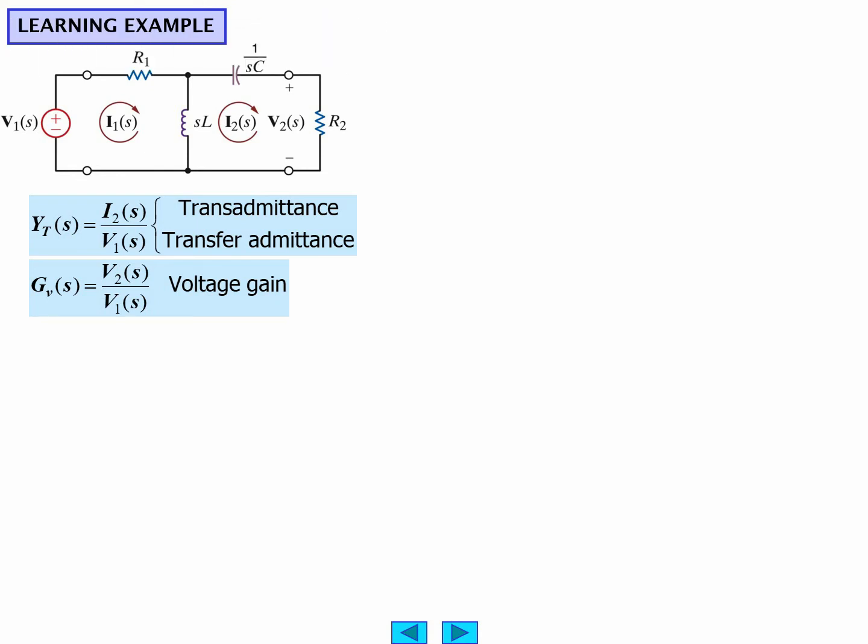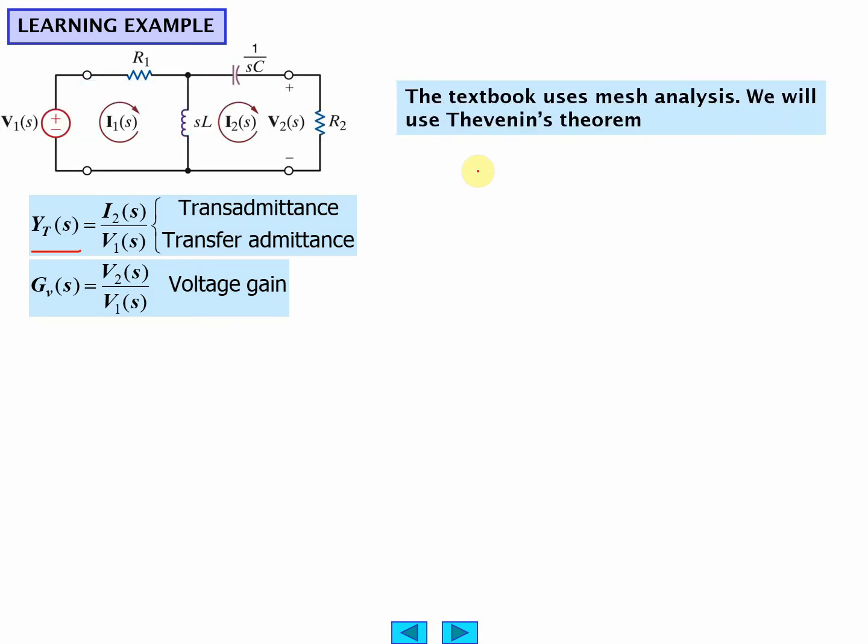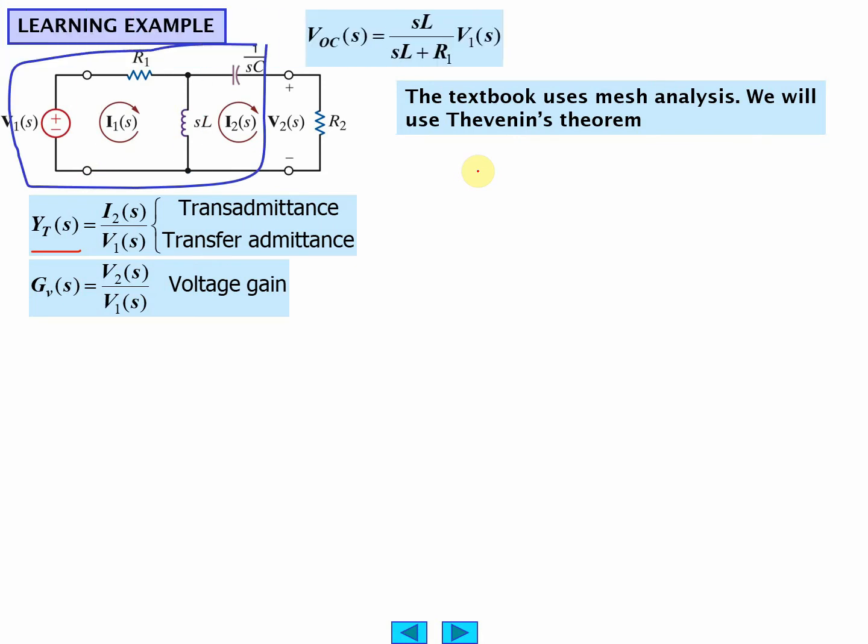Okay, on to this example. So we'll use the transadmittance and get this, and then we'll get the gain, V2 over V1. We'll see how these two are connected in a minute. You can use any valid technique. The slide's going to use Thevenin's.